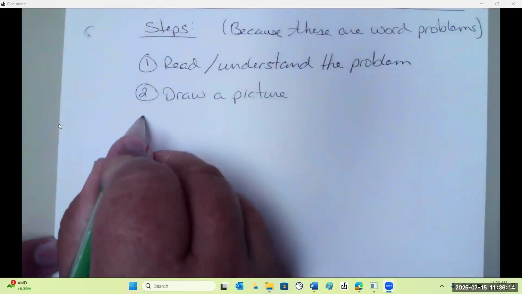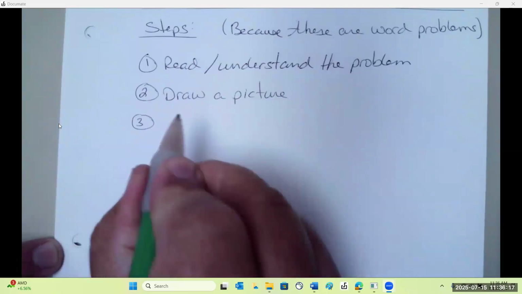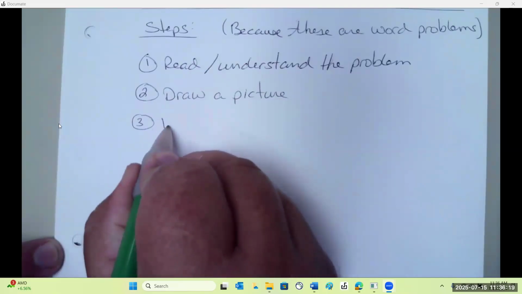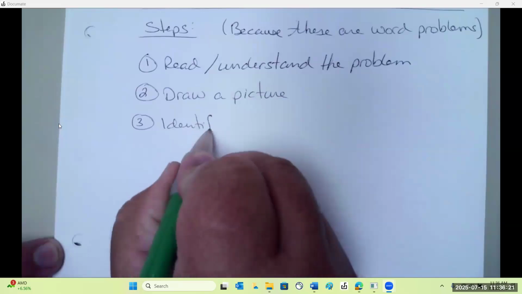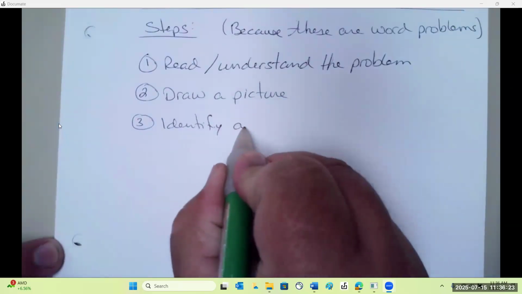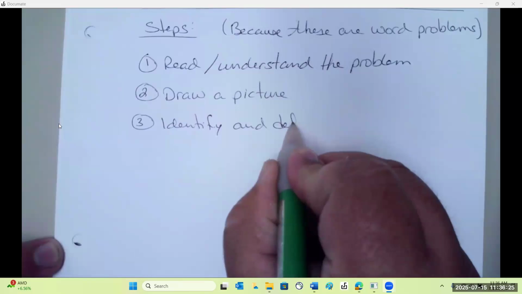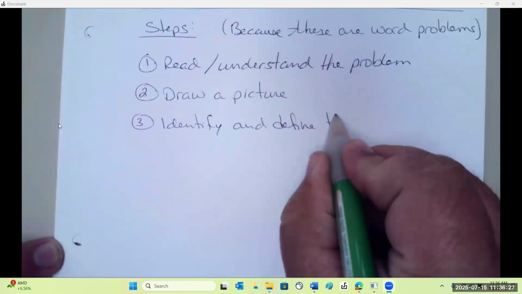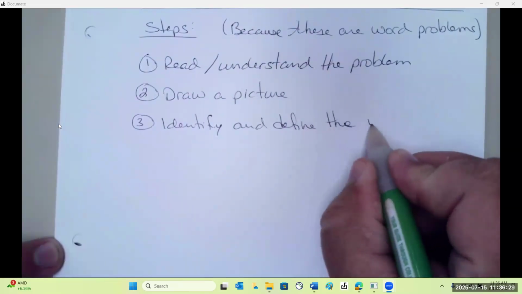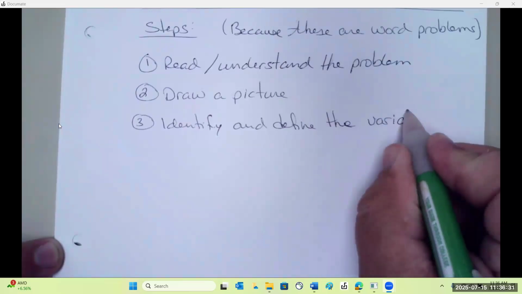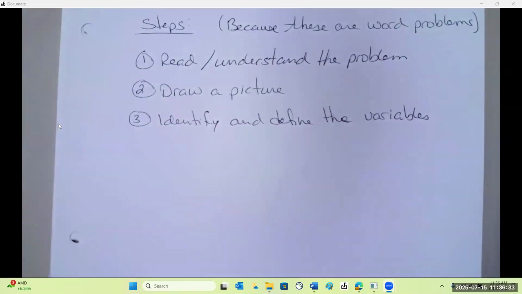Step 3. Identify and define the variables. Because these are physics-esque type problems, things move, things change.